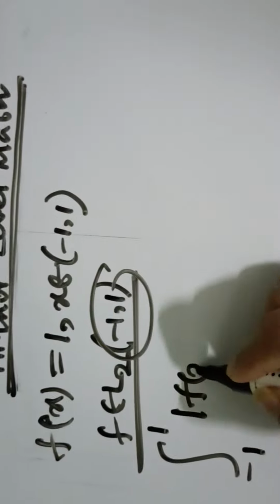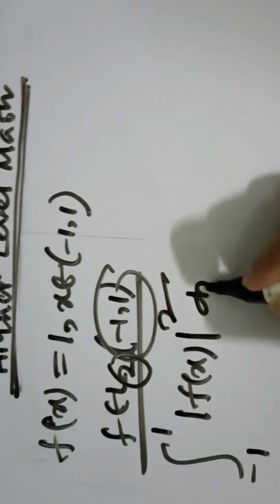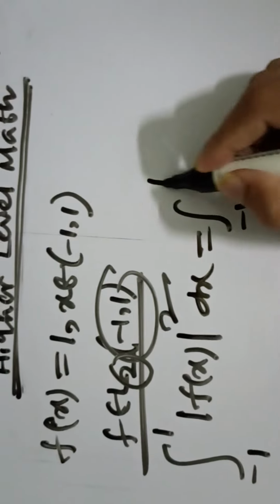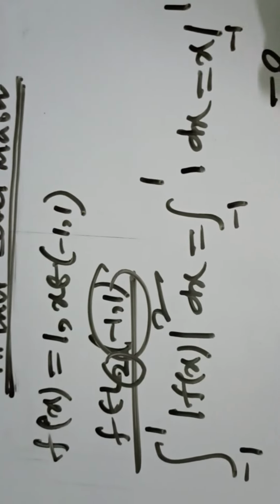The integral from -1 to 1 of |f(x)|^2 dx. So from -1 to 1, |f(x)| is 1, dx. Lower to upper end, the integral is 2, and 2 is a finite quantity, right? So this integral becomes finite.